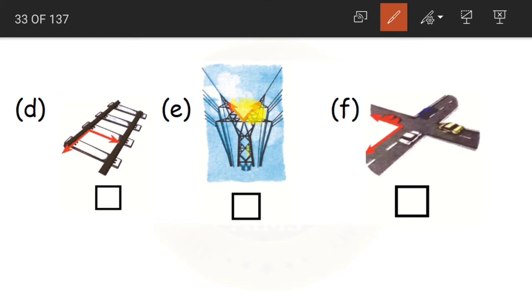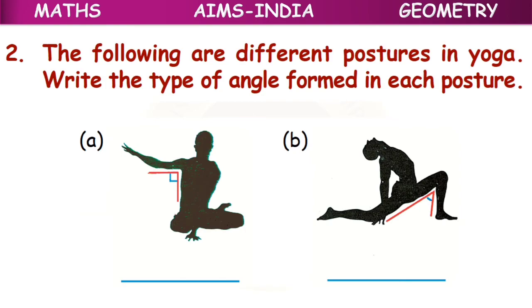Yes, so it is smaller than our right angle. That is why what do we call it? Small means acute, so it is an acute angle. Now coming to F, here the angle is formed in the L shape, so we can simply write it as a right angle.